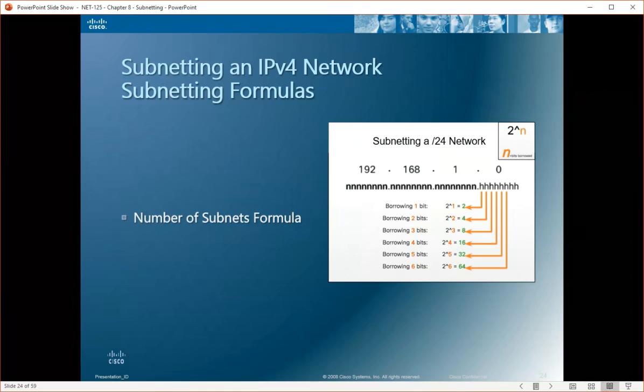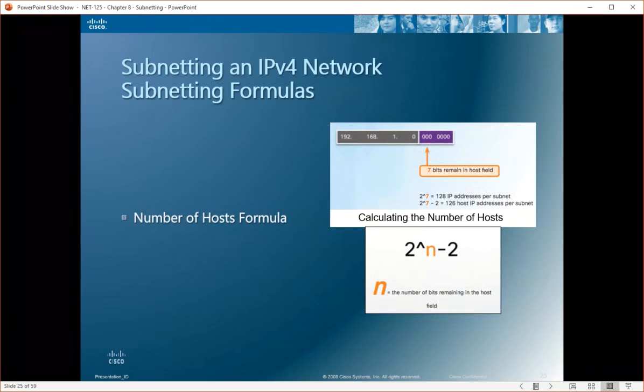So if we have a 192.168.1.0/24 network, and we start borrowing, we look at the subnets thusly. 2 to the first, if we borrow 1 bit, is 2, so we have 2 subnets. 2 to the second power, 2 bits, results in 4 subnets. 8 for 3, 16 for 4, 32 for 5, 64 for 6. So that allows us to get all the way up to a /30.